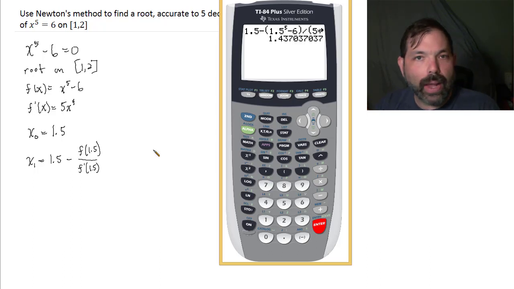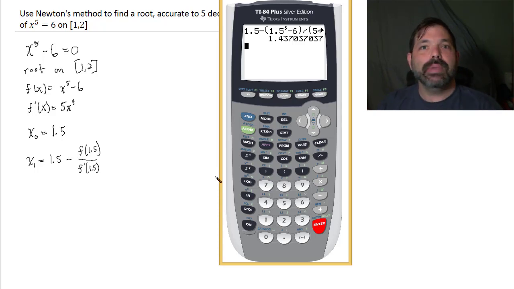And so I can't round this. I have to use this whole number, this answer. So what I'm going to do is construct a little algorithm in my calculator to give me this output and then immediately take that output and use it again.